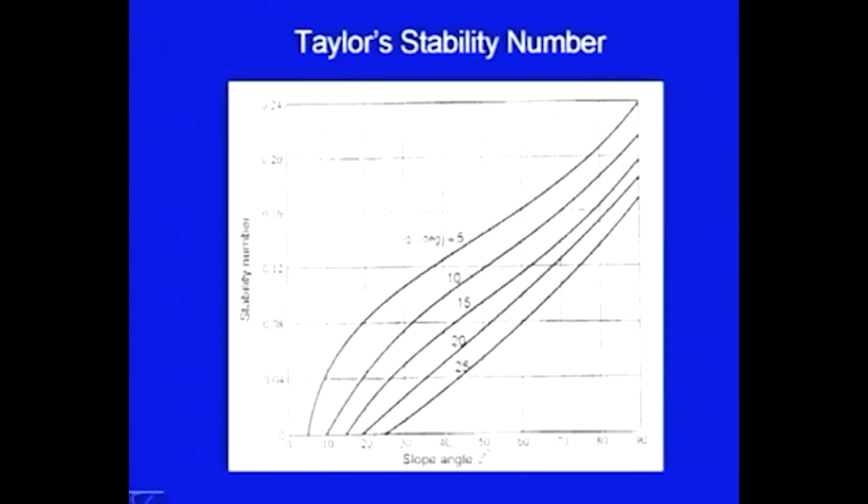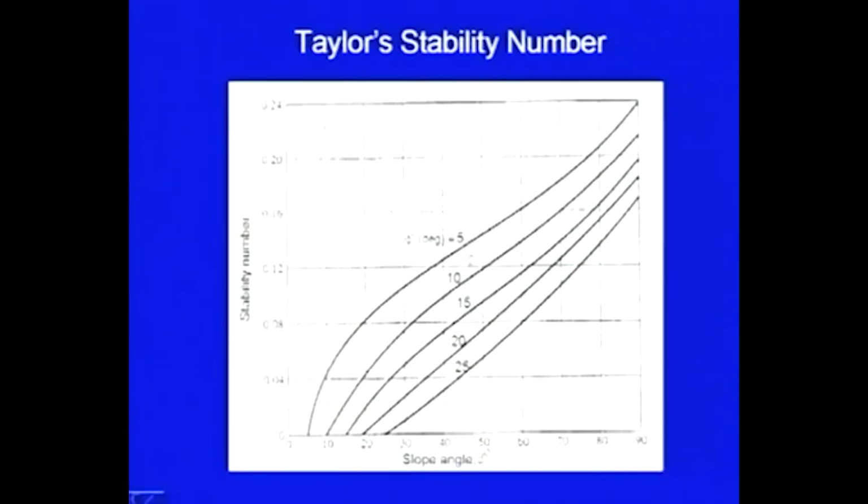If I take beta equal to 40, then corresponding to these are phi values: phi equal to 5, 10, 15, 20 and 25. So, corresponding to phi and this beta, you can read the stability number. For example, if I want the stability number for beta equal to 40, phi equal to 10, this is the point of intersection.